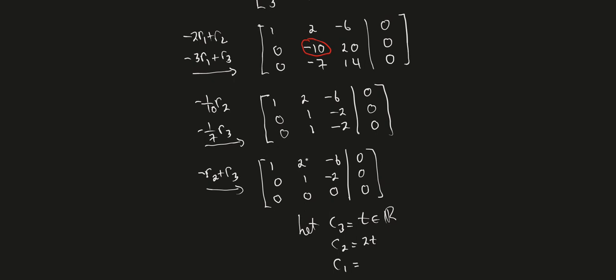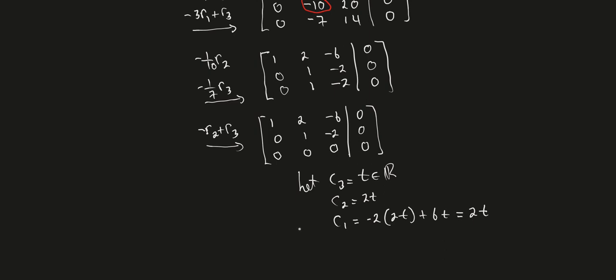So this will be -2 times 2t, and then plus 6 times t, and then that gives me, what's that, -4t plus 6t, so also 2t. Here we go, right? So here is our parametric solution set for my constants. It's any triple of constants of this form: 2t, 2t, and t, right?